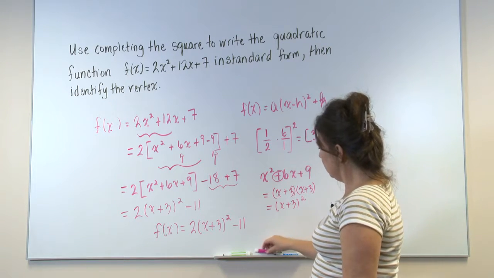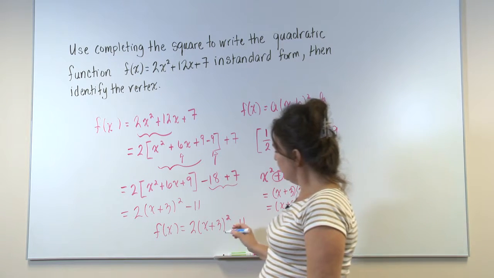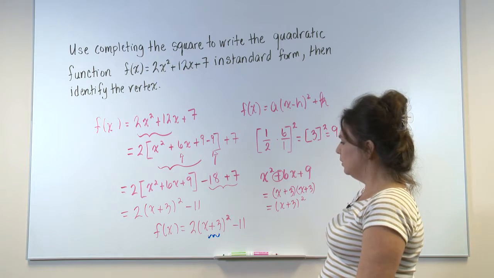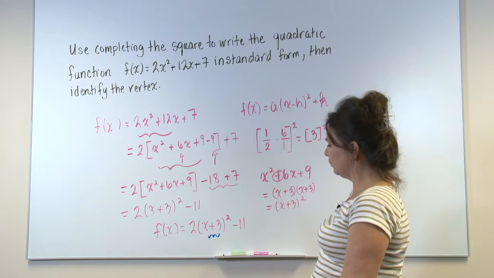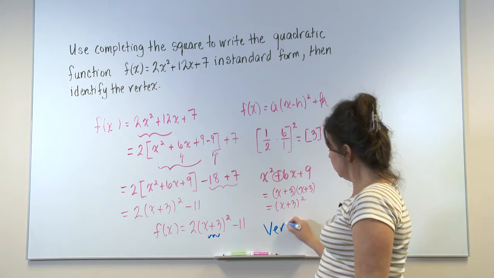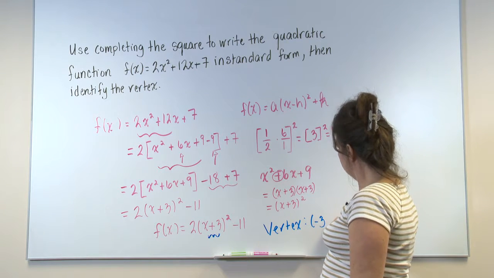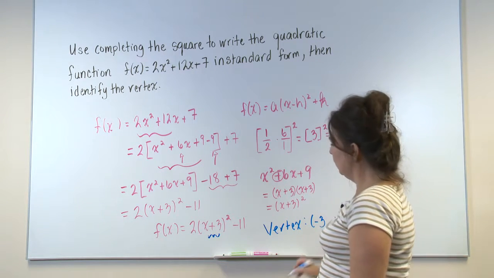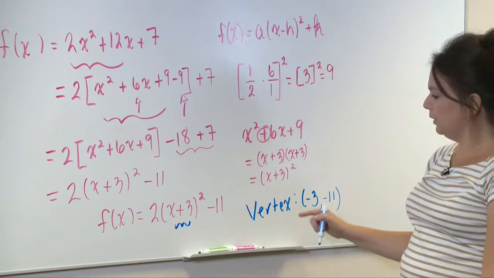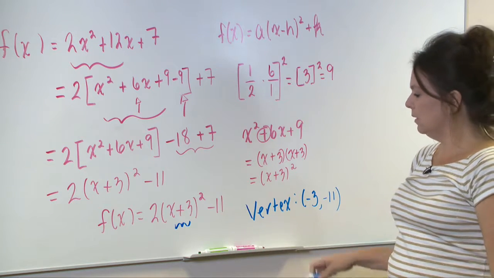From here, I'd like to identify the vertex. So this parabola has been shifted 3 units to the left, or to negative 3, and down 11 units. So the vertex of the parabola is negative 3, negative 11, indicated by the x plus 3, that's 3 units to the left or in the negative direction, 11 units down.